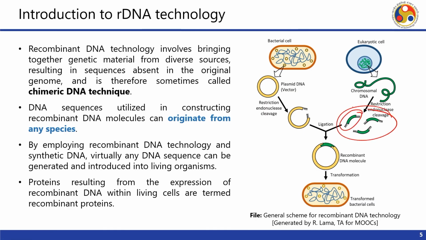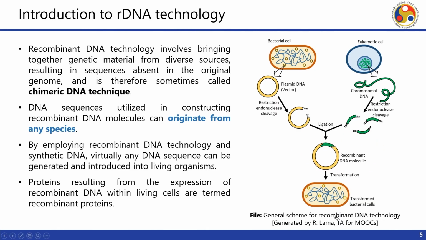Now these small fragments of DNA we can insert into this vector by a process called ligation. Here these are the products as a result of this entire procedure, and this vector molecule carrying the gene of interest is known as the recombinant DNA molecule.